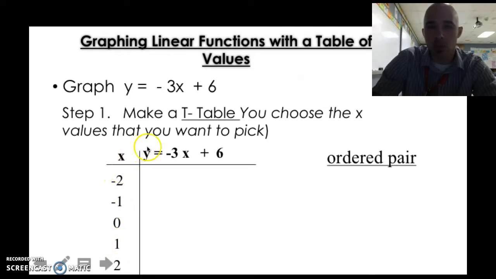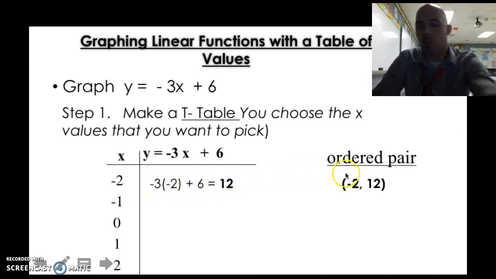Take these values and substitute them into your linear function. -3 times -2 plus 6. You get yourself 12. A negative and a negative is positive, 6 plus 6 is 12. This is the ordered pair that you're going to graph.